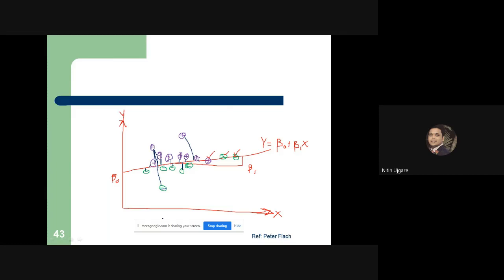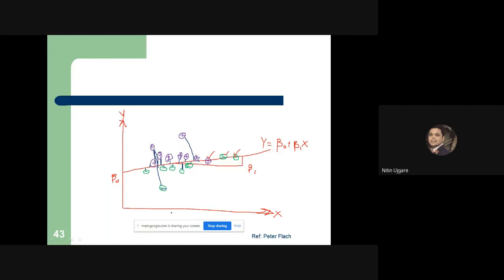Why do we take the square of these distances? Because sometimes any instance that is above or below the line is considered as negative. Okay, like suppose this is the line. All the points on the right hand side, we take as positive instances. All the values on this side will be considered as negative.